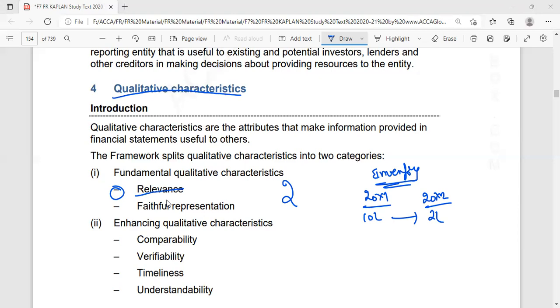It means that while recording the transaction, we consider the reality of the transaction rather than the legality of the transaction. In a simple way we call it substance over form. Substance over form has to be followed in the case of faithful representation.